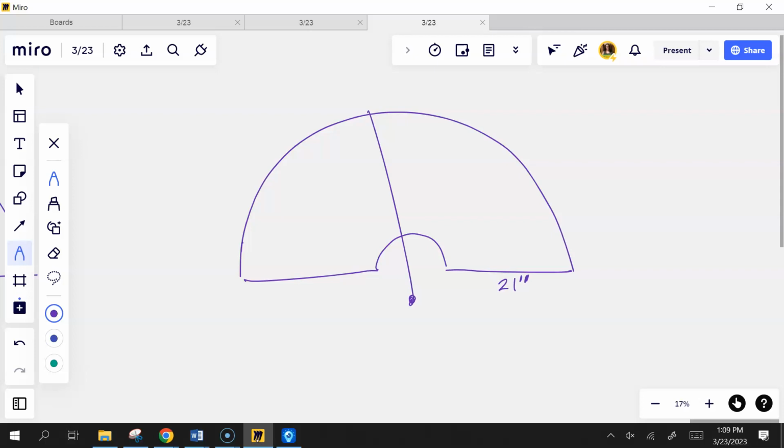All right, here's the diagram. Here's my windshield wiper blade, right? But it says the wiper arm itself, which I think what they're talking about is here, is 32 inches. The whole thing is 32.